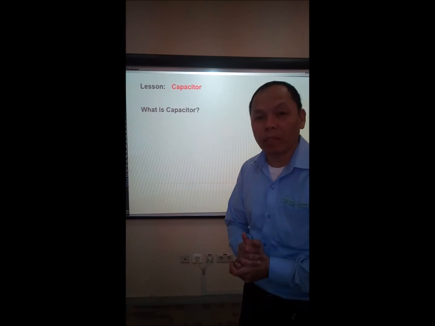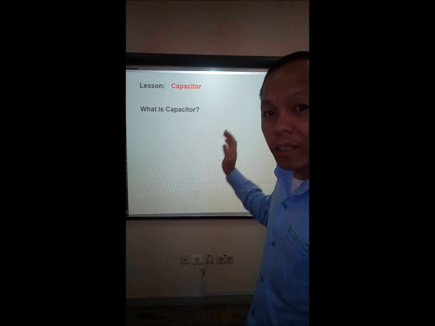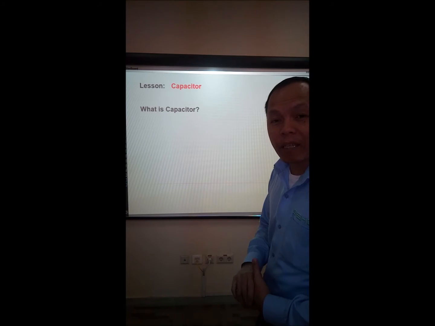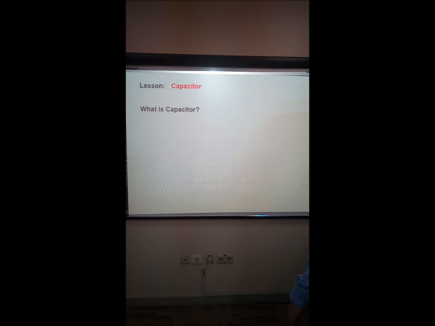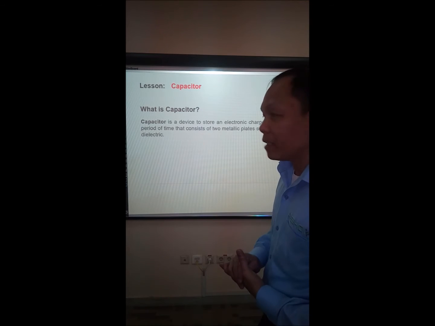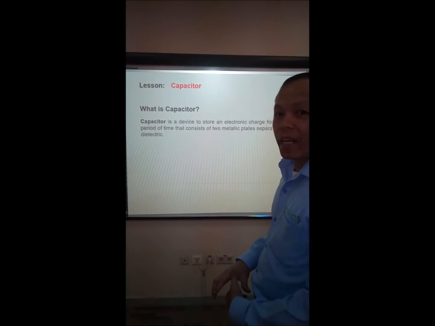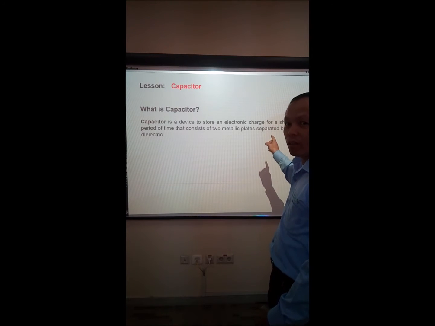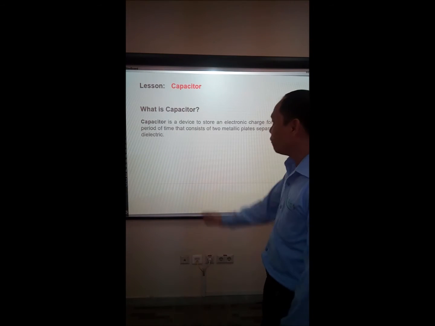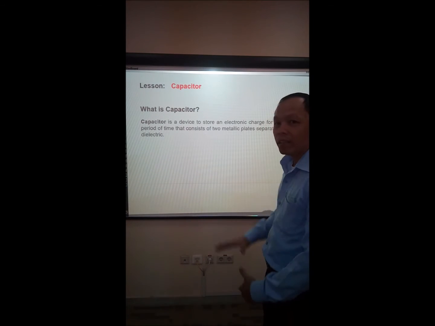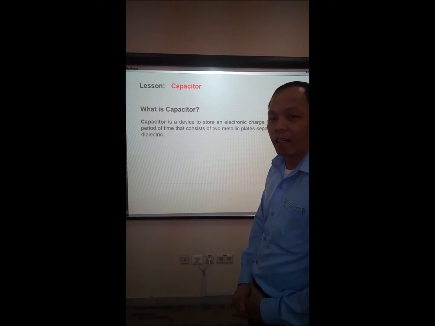Now this time, guys, let's define what is capacitor. The definition of capacitor is a device to store an electronic charge for a short period of time that consists of two metallic plates separated by a dielectric.